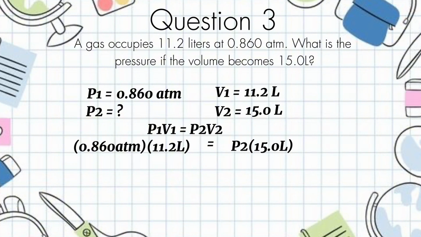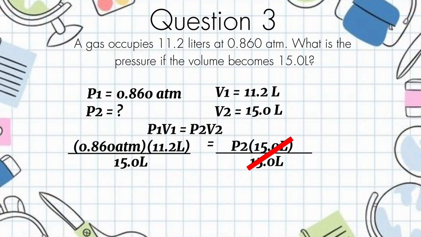And since we'll look for P2, we need to remove the 15.0 liters in the equation by dividing it to both sides. 0.860 atm, 11.2 liters, is equal to P2, 15.0 liters divided by 15.0 liters. Cancel 15.0 liters in the second side and we'll have 0.860 atm, 11.2 liters is equal to P2 divided by 15.0 liters.